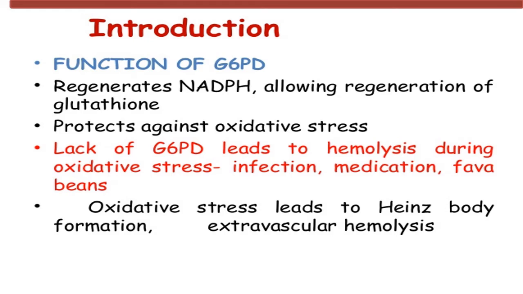Functions of G6PD: already we have seen it generates NADPH, allowing regeneration of glutathione, which protects against oxidative stress. Lack of G6PD leads to hemolysis during oxidative stress, infections, medications, fava beans. Oxidative stress leads to Heinz body formation in extravascular hemolysis.